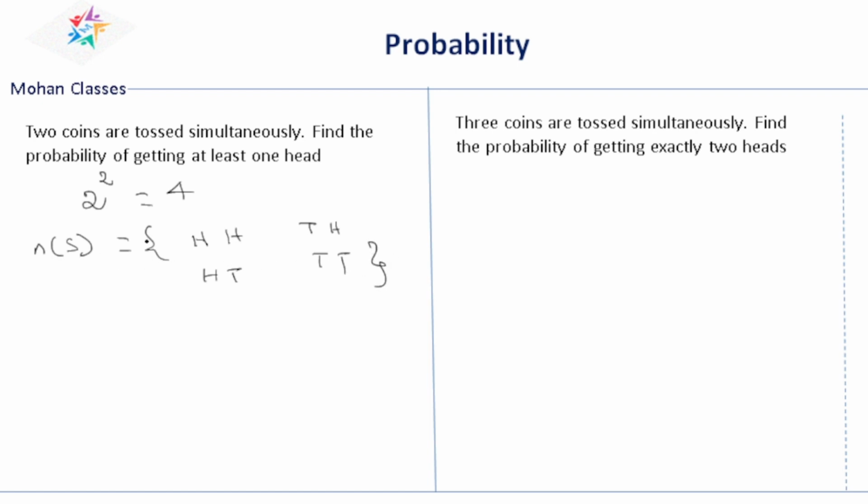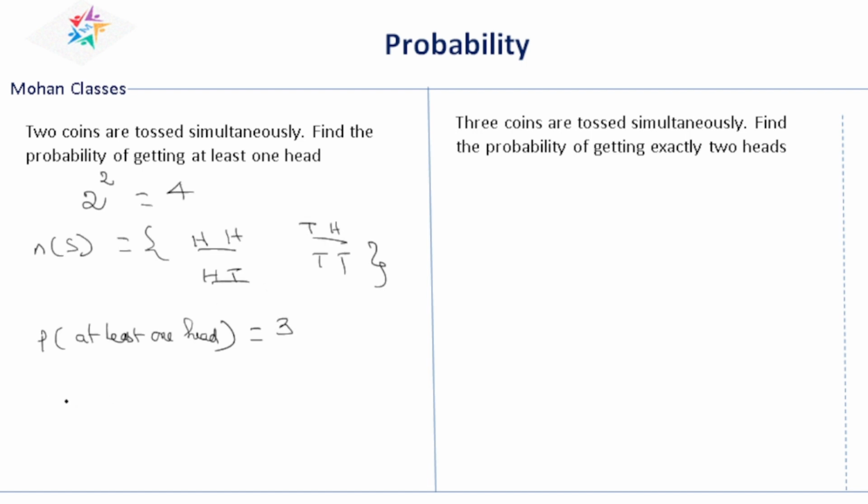So here, what is the question? Find the probability of getting at least one head. So P of at least one head we have to find out. What does at least one head mean? Here we are having 1, 2, so 3.